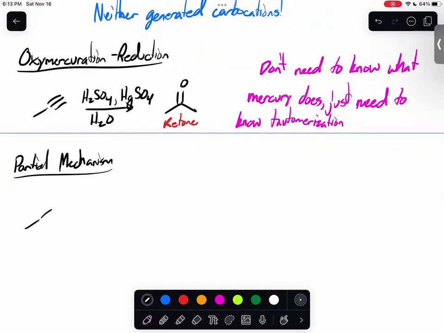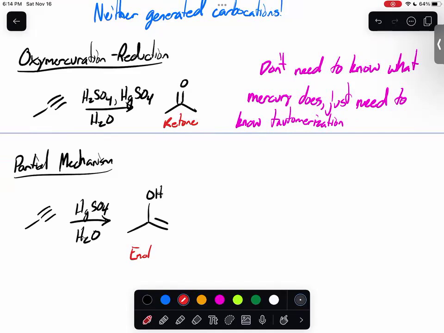Well, essentially, whenever you have that HgSO4 and water, what it'll do is it'll end up generating your enol, where the enol is now on the more substituted side of the alkyne.